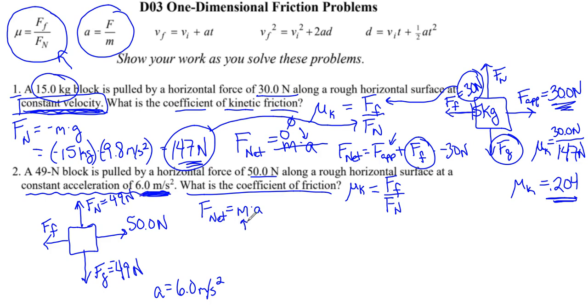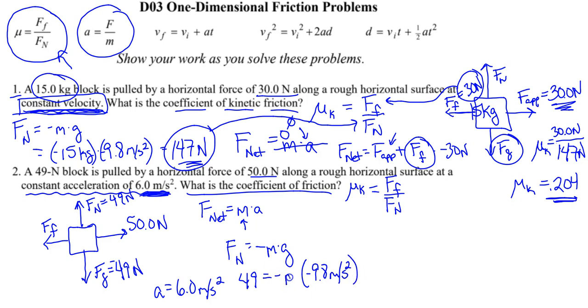Okay, so remember that the normal force, or the force of gravity, you can use either one. So the normal force is equal to negative mass times gravity. Well, we know that the normal force is 49 newtons. We know that gravity is negative 9.8 meters per second squared.